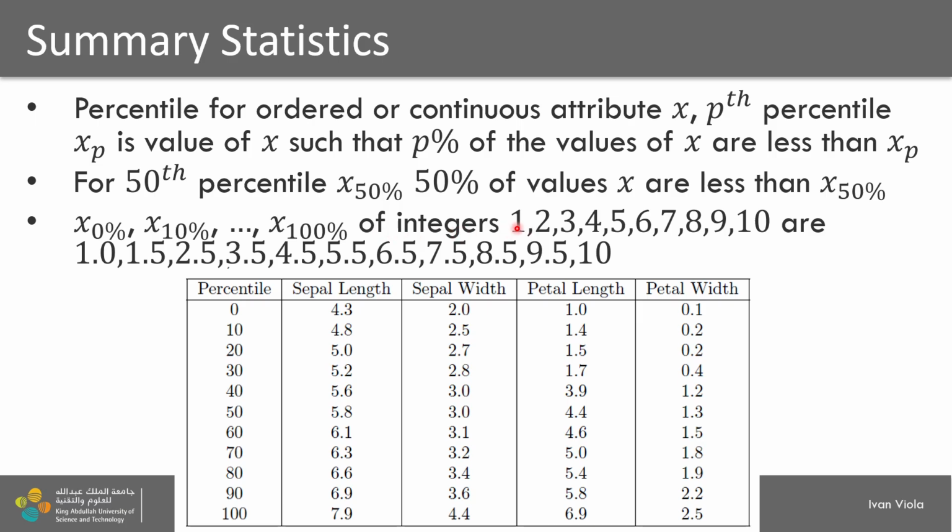So if we have just a mini data set of these 10 numbers, 1, 2, 3, 4, 5, 6, 7, 8, 9, 10, then the 1 will be the 0th percentile, 1.5 will be the 10th percentile, 2.5 will be the 20th percentile, 3.5 will be the 30th percentile, up to x 90% will be 9.5, and then x 100% will be 10.